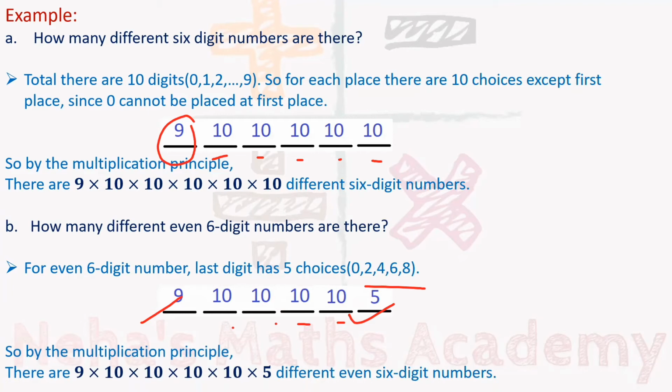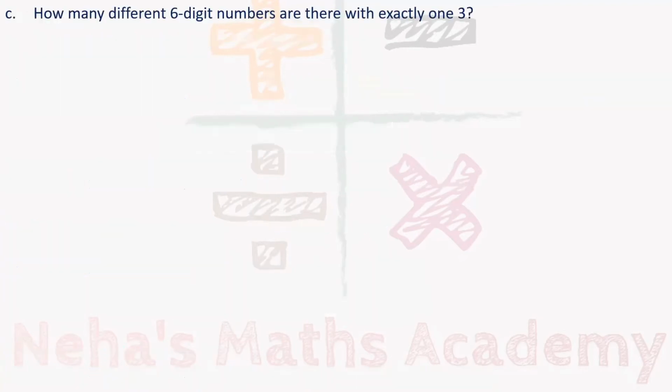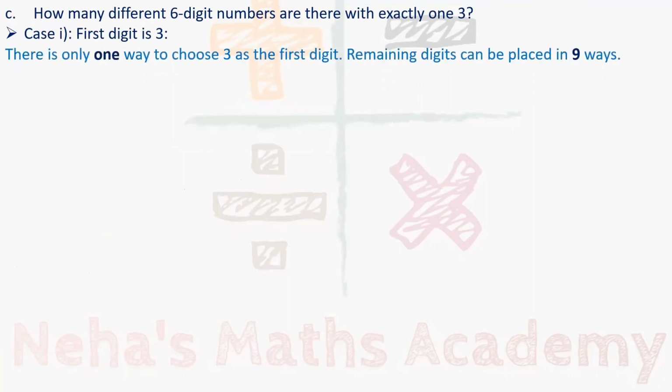Our next part is, how many different 6-digit numbers are there with exactly one 3? So there will be two cases: first digit is 3 or first digit is not 3. If the first digit is 3, there is only one way to choose 3 as the first digit.